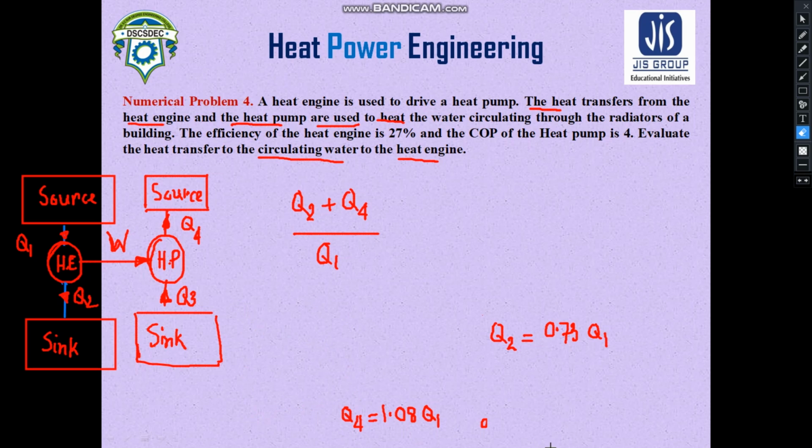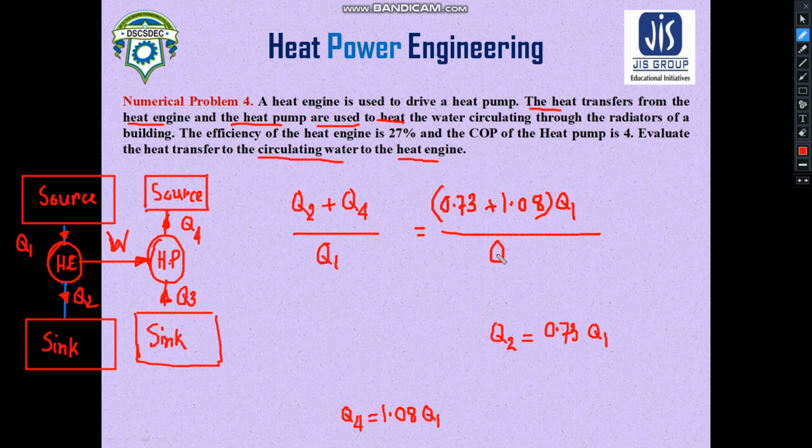So you can see now that we have Q2 is equal to 0.73 Q1. So it is 0.73 plus 1.08 Q1 divided by Q1.